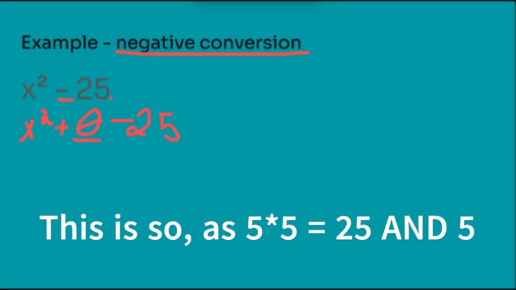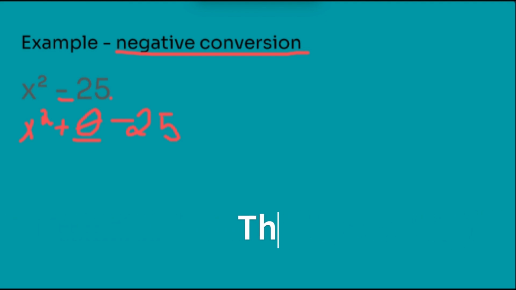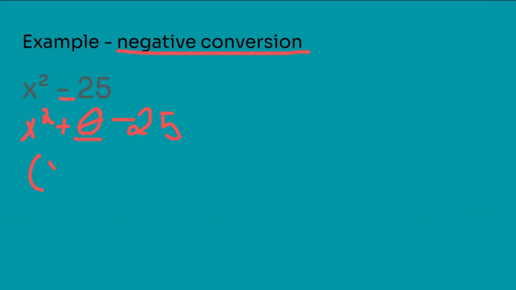This is 5. However, the main key difference for the takeaway is this isn't added. This is subtracted. So this would instead be either 5 subtracted by 5 or negative 5 plus 5, which both equal 0, meaning that both of these are an acceptable way for you to write this.